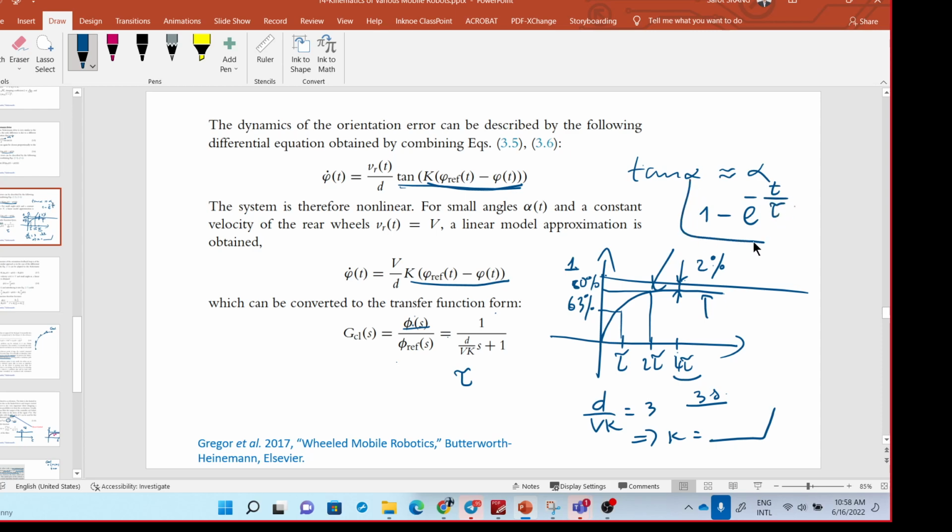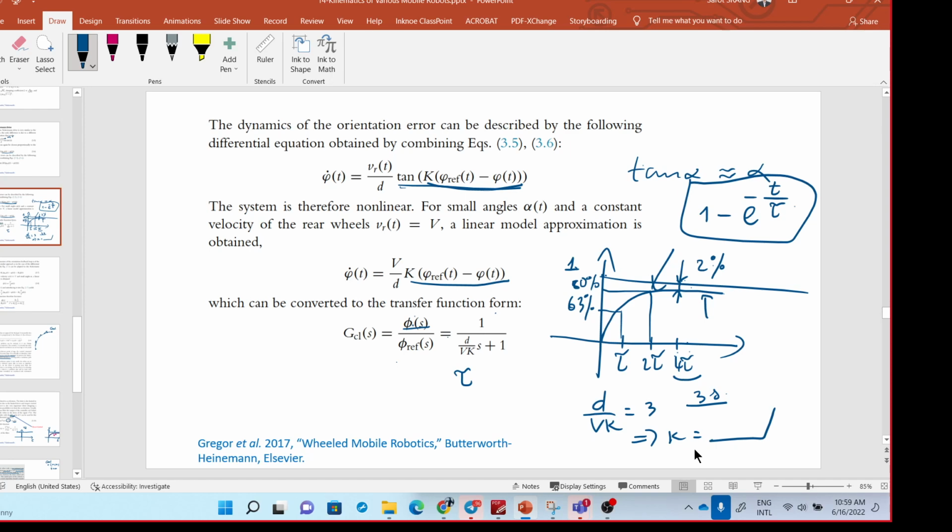Based on this, you can play around with the value of tau and plot to see how many seconds it takes to reach 2% or something like that. You can do some simulation to check, and then make the decision that you want the settling time to be 5 seconds or 3 seconds or 4 seconds, and then you can choose k.